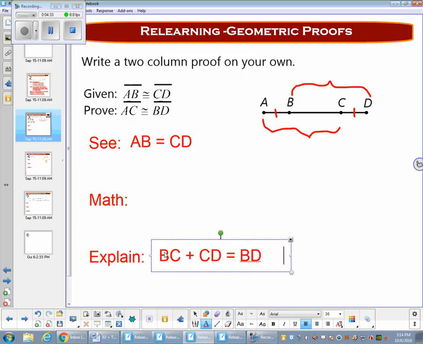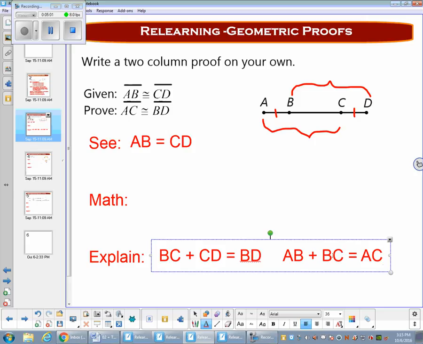That makes sense because that's the segment addition postulate. And then AB plus BC is equal to that whole thing AC. But we know BC's in both of them. And we know AB and CD are the same.